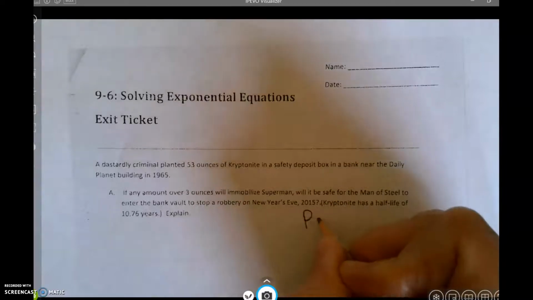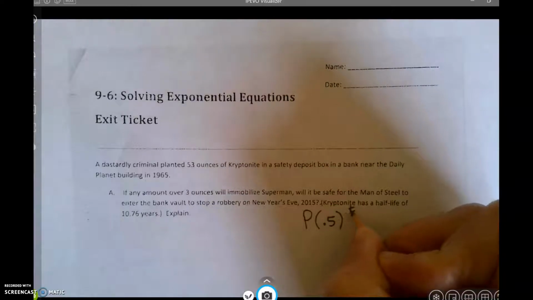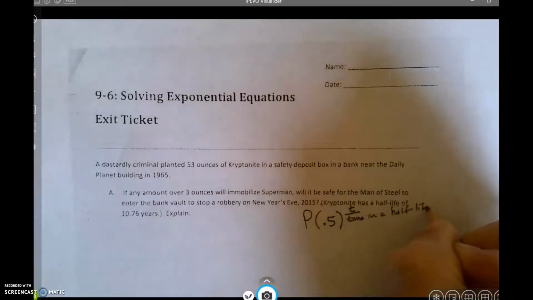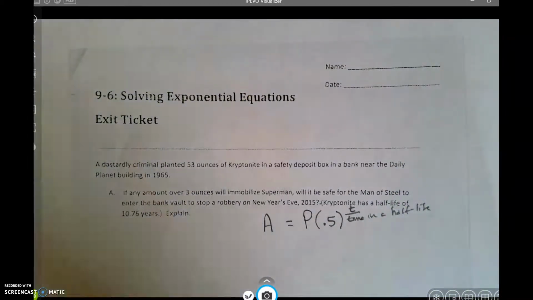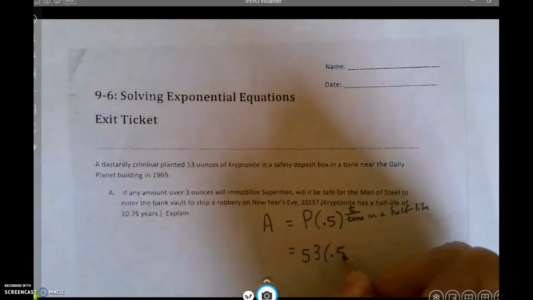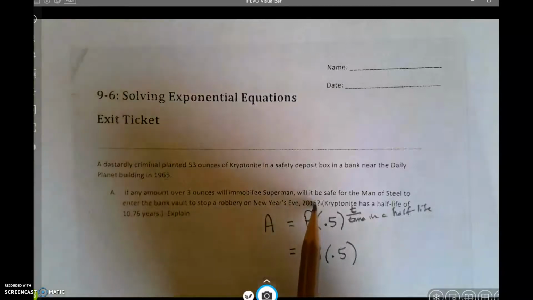So I start off with the principal amount times a half, total time divided by time in a half-life. And that will be what my remaining amount is. I know that I have 53 ounces. My total time from 1965 to New Year's Eve, which is all of 2015.